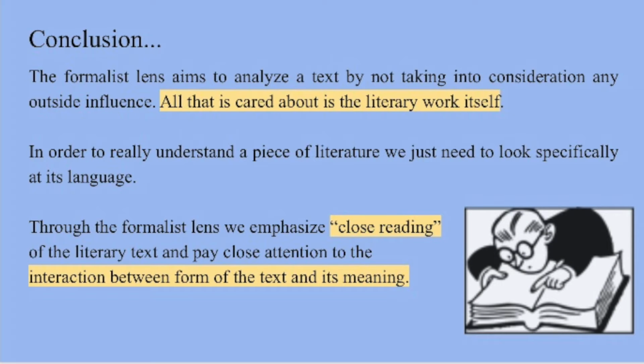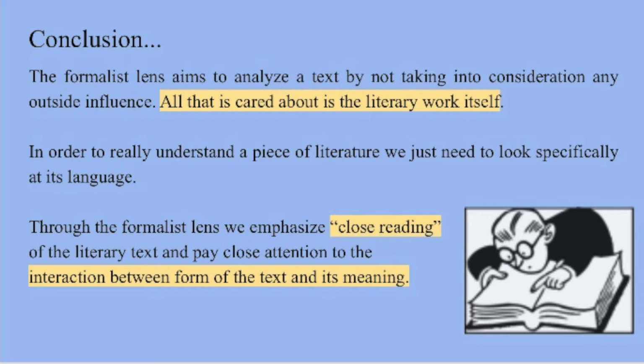And now for the conclusion. While the formalist lens aims to analyze the text by not taking outside influence into consideration, all that is really cared about is the literary work itself. And in order to really understand a piece of literature, we only need to look specifically at the language.